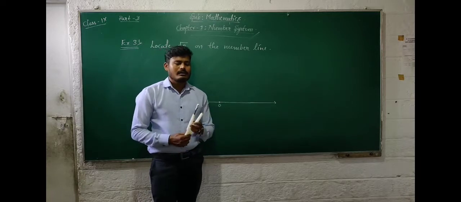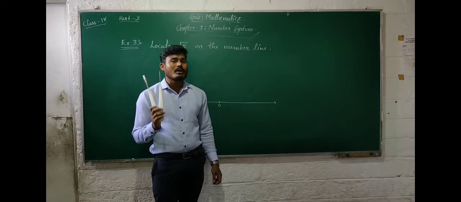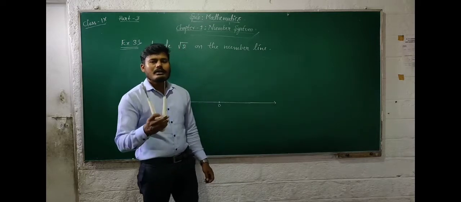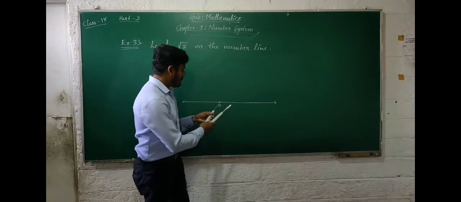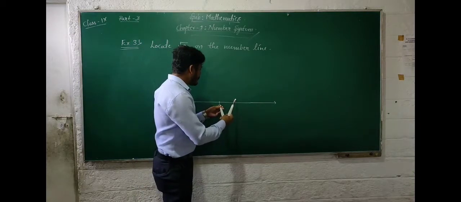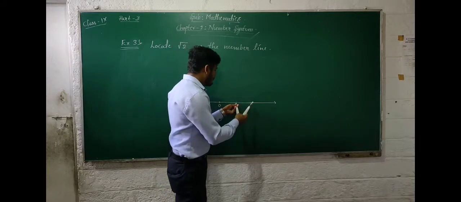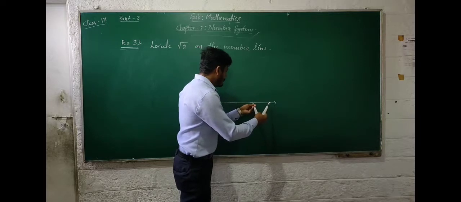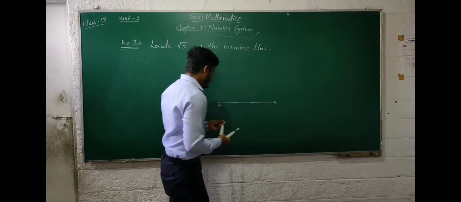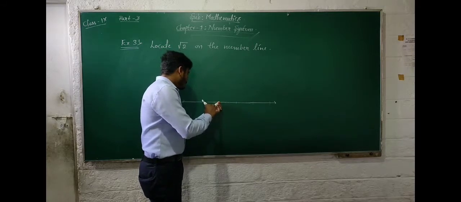By using a compass, take any radius without measuring, using a ruler to take your convenient radius, then cross cut on the number line. You will get some points on it. Then do the same on the left side also.